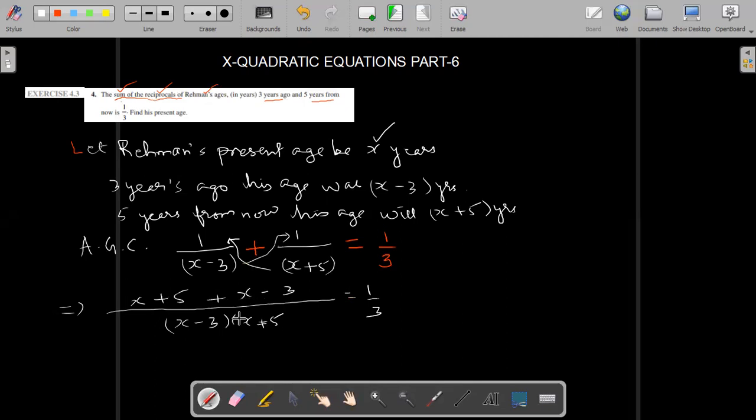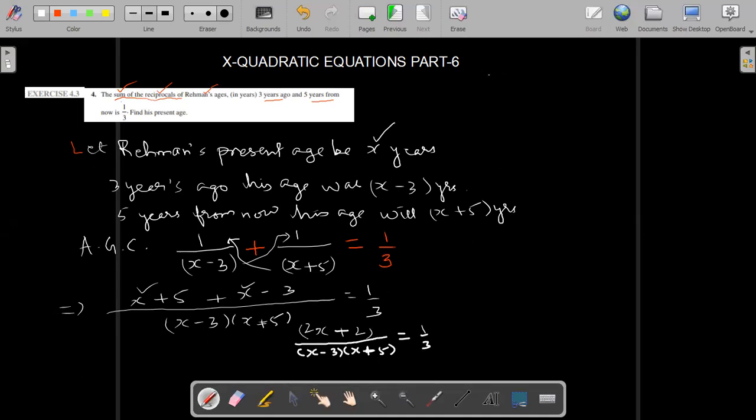So x plus x is 2x, and 5 minus 3 is 2. So we get 2x plus 2 divided by x minus 3 into x plus 5 is equal to 1/3.